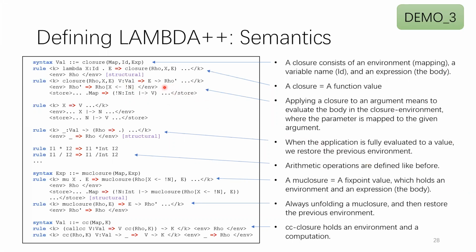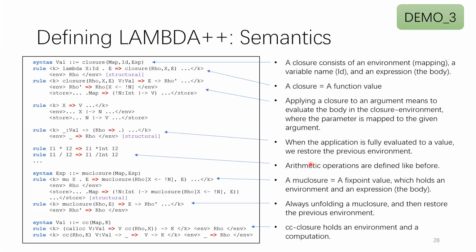So there are two tasks here. When we want to apply a function closure to a value, we first evaluate the body in that closure in a new environment that we create for the parameter. And after that, when the evaluation finishes, we need to get back to the original environment, which is rho prime.